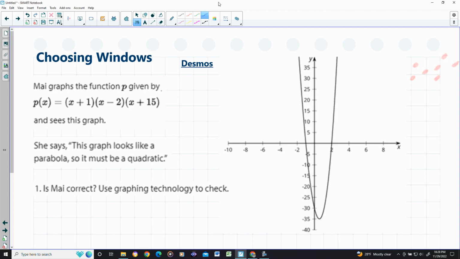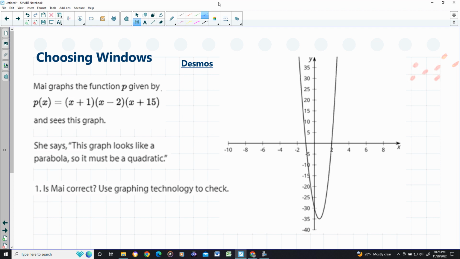All right, next little thing here. So we have a graph of a function. The function is x plus 1 times x minus 2 times x plus 15. We look at a window, we see this graph. Oh, that's interesting. It's quadratic. Not quite.